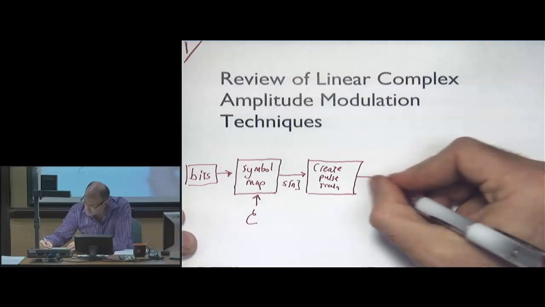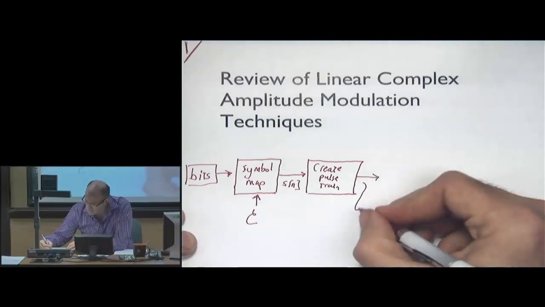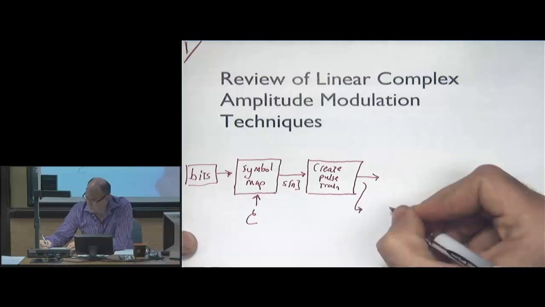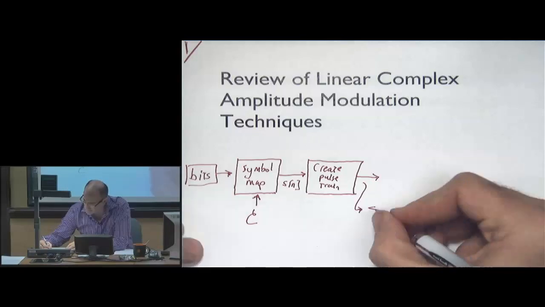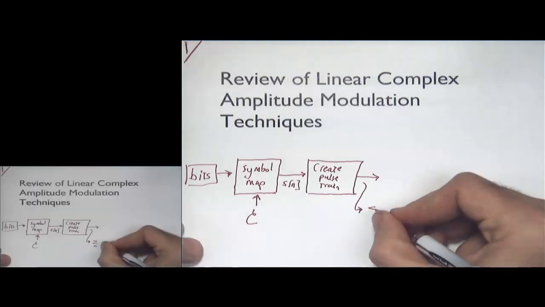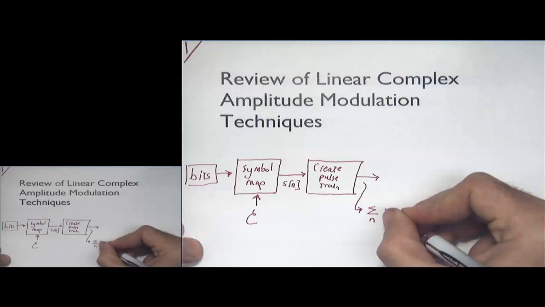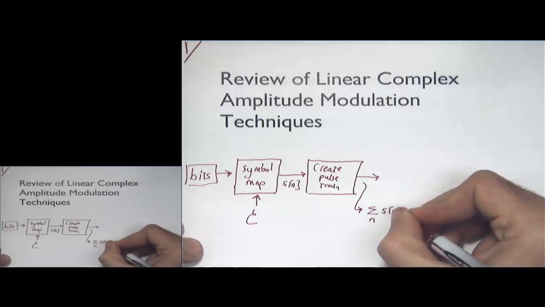The create pulse train block is serving as a mathematical placeholder. We're going to replace it with something that's a little more practical in a couple lectures. But the output of the create pulse train block is something that looks like this here.